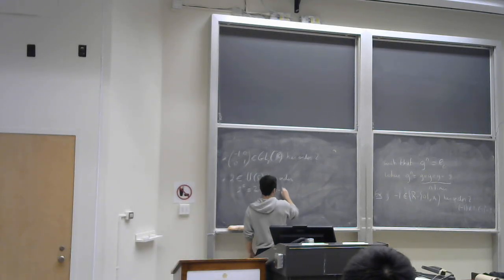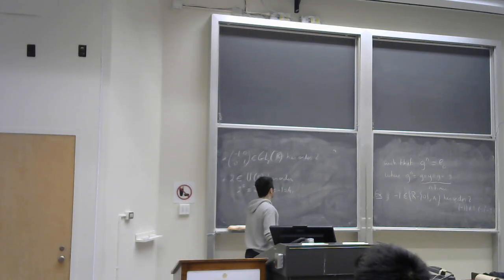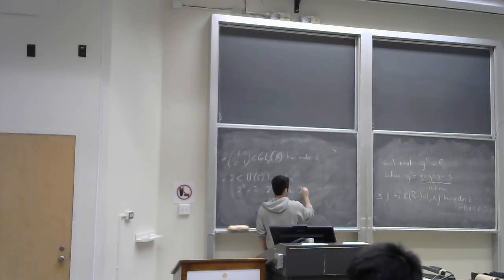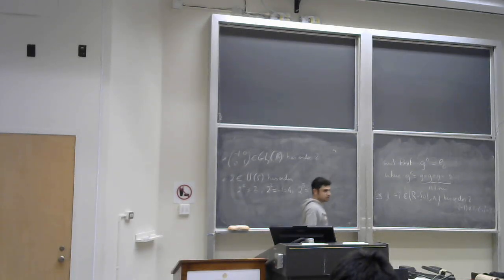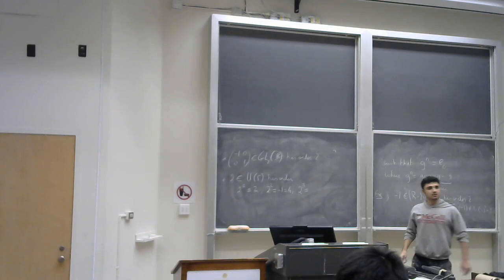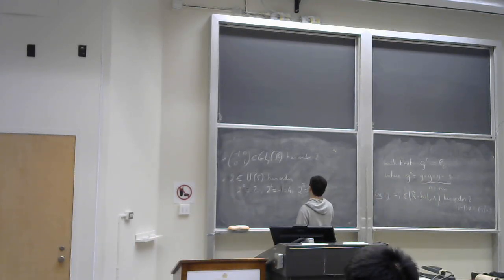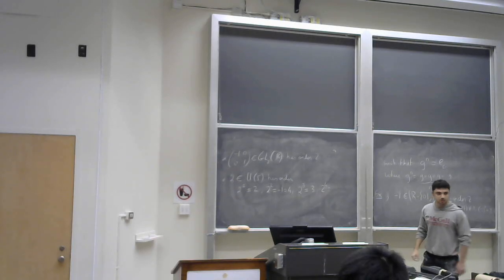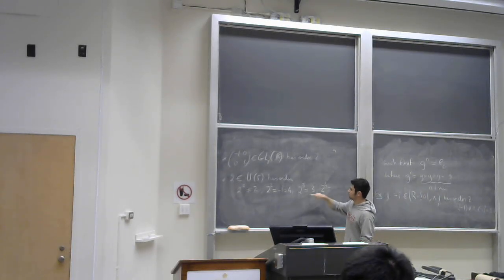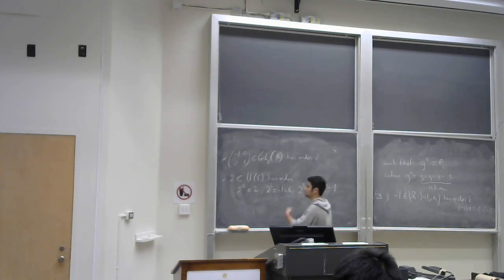Is it equal to the identity? No. 2 cubed, what is that equal to? 4 times 2, which is 8, mod 5 is 3. 2 to the 4, what is it equal to? 16, which is 1. Or it's 3 times 2. You go to the previous one, you multiply by 2, you get 1. So what is the order of 2 in U5?